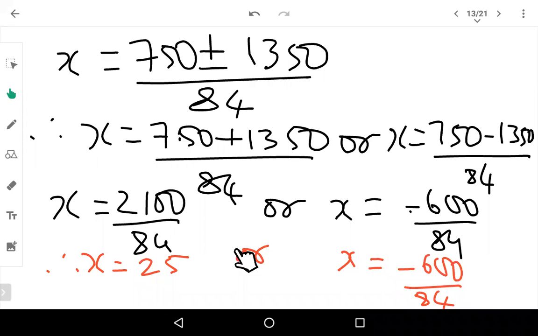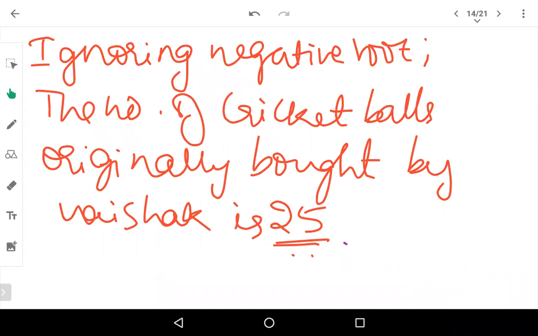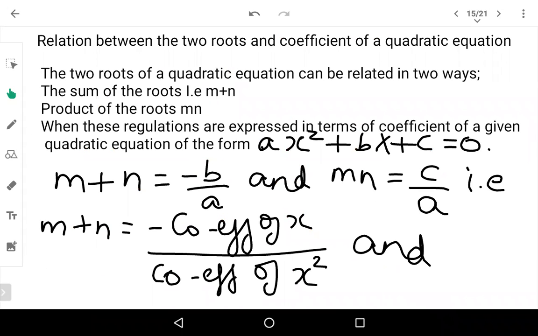I can consider this as m and this as n. In this concept, they will give us the sum of roots and the product of roots, and we have to find the value of the roots.